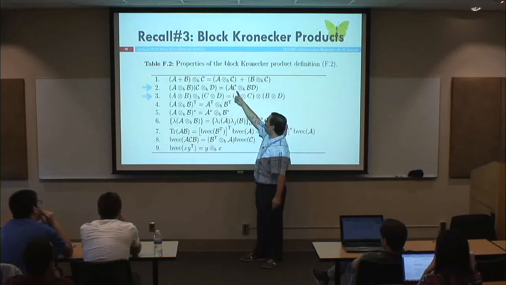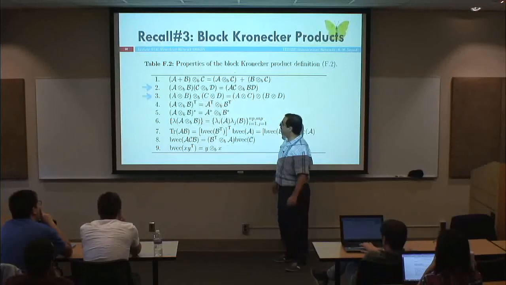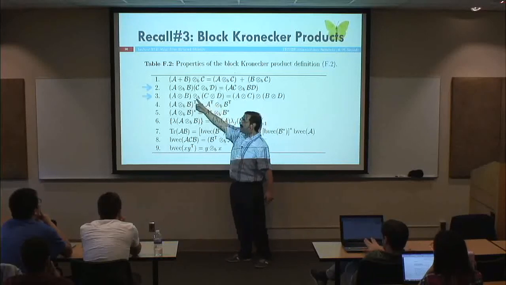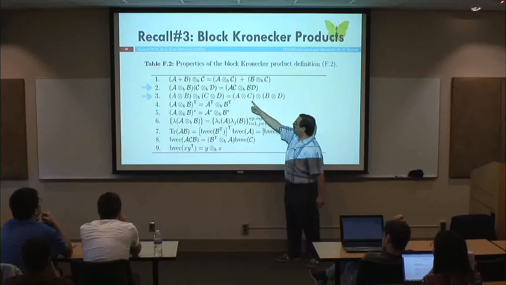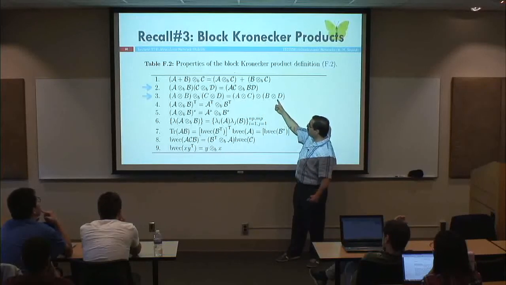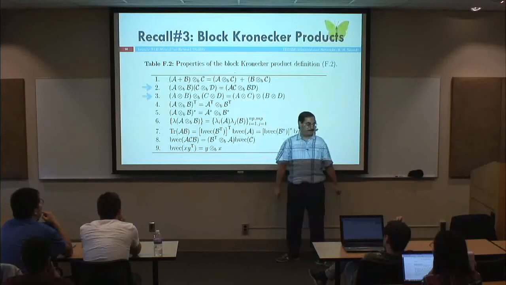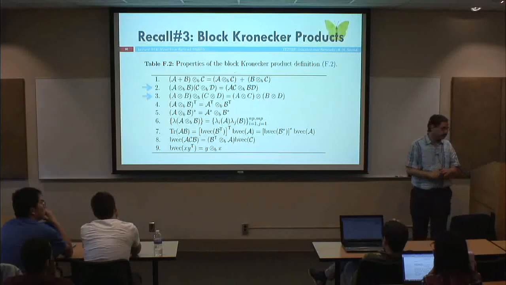If you have the Kronecker product of two products like this, you can distribute it like that. Traditional Kronecker product, block Kronecker product. You can write everything in terms of the traditional Kronecker product if you change the order of B and C. Fine, these are properties, you can prove them. I'm going to use them.